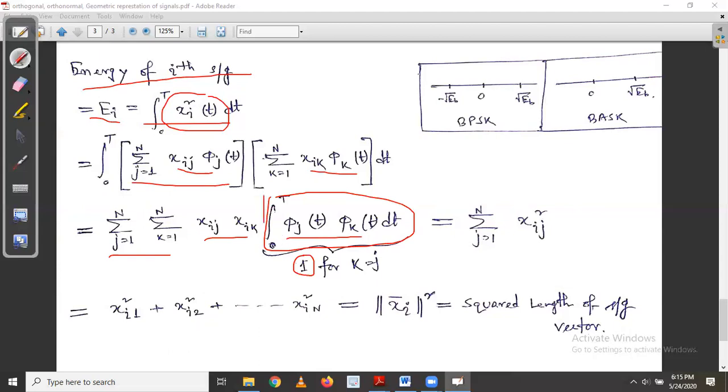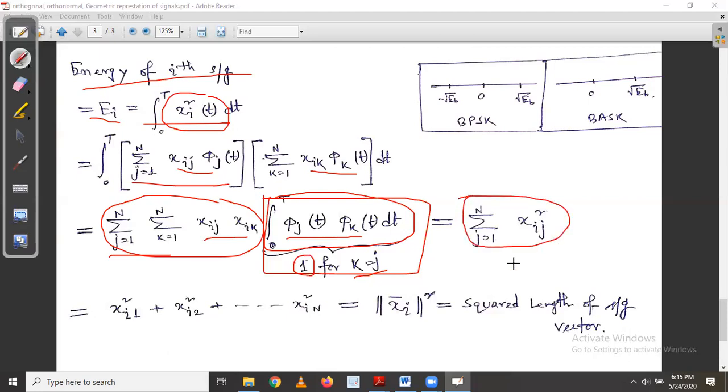So if j equals k, in all places of j and k we can write x of ij. Finally we are getting x of ij square, summation of j equals 1 to N.